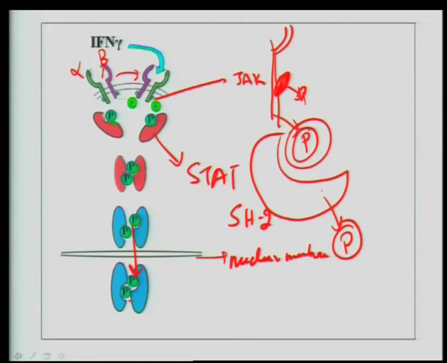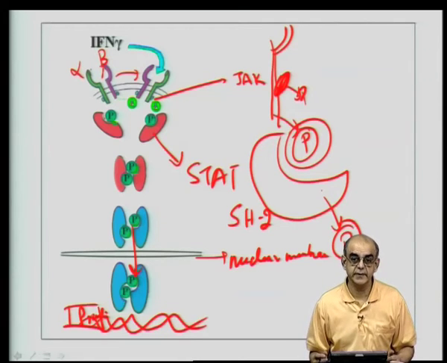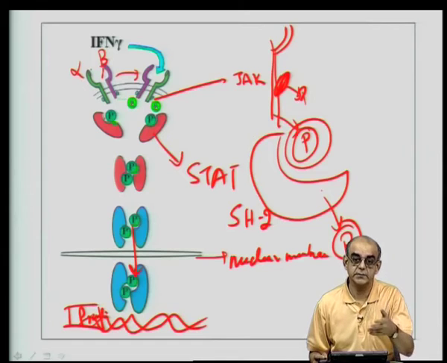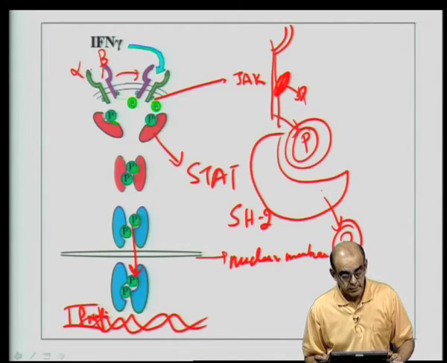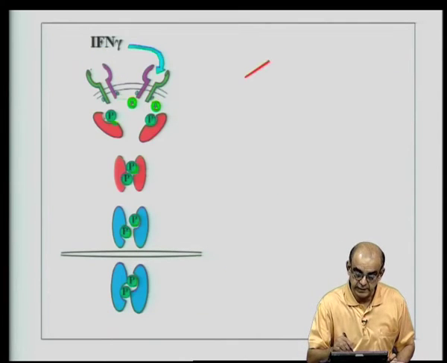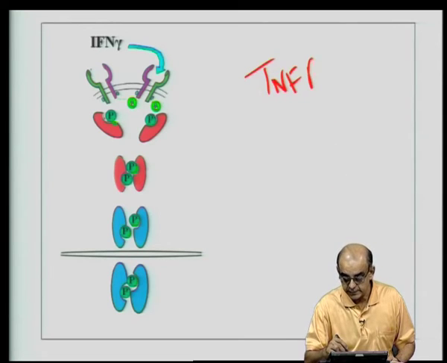Once they go inside, they start to bind to various kinds of DNA promoter elements which are upstream, enabling the transcription of that gene. So, this is how the general cascade of events occurs for these cytokine receptors, especially for the class 1 and class 2 family.